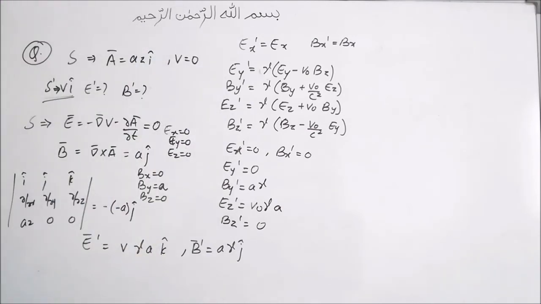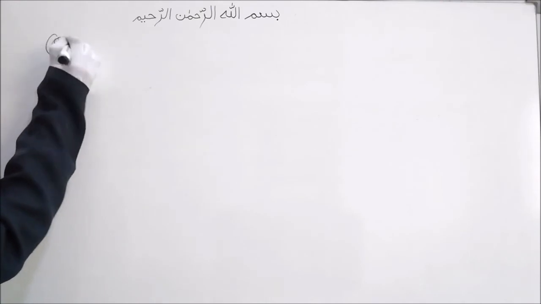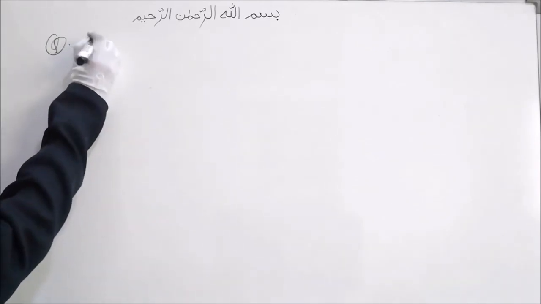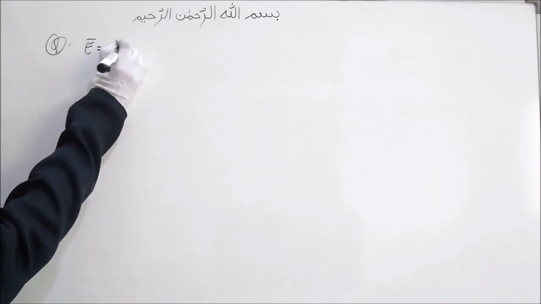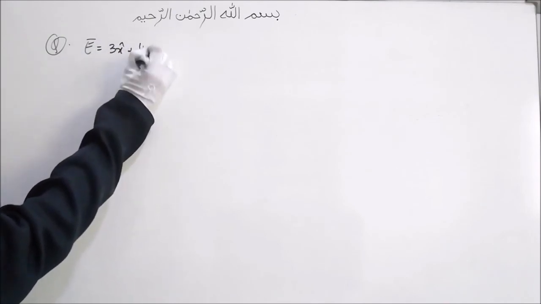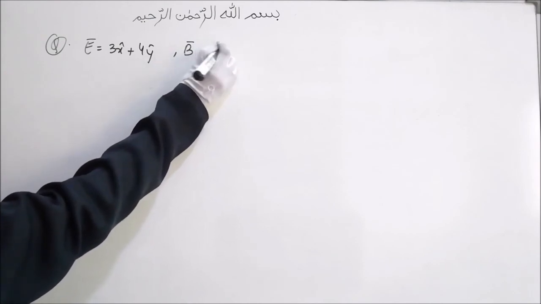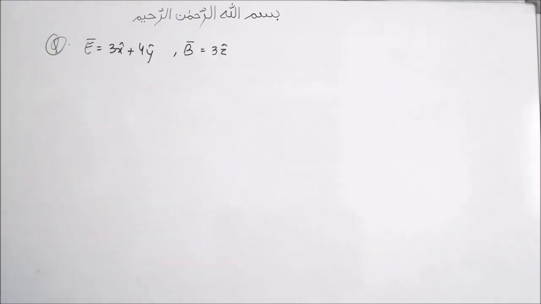We have another problem. Given that the values of electric and magnetic field in a particular reference frame are E bar is equal to 3 x hat plus 4 y hat and magnetic field B bar is equal to only 3 z hat.